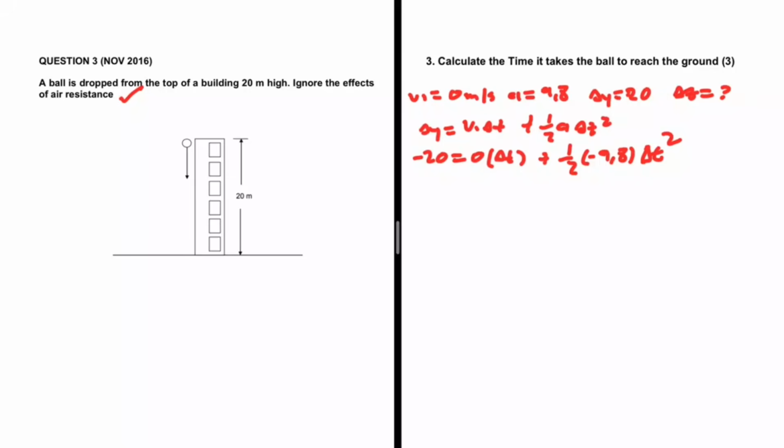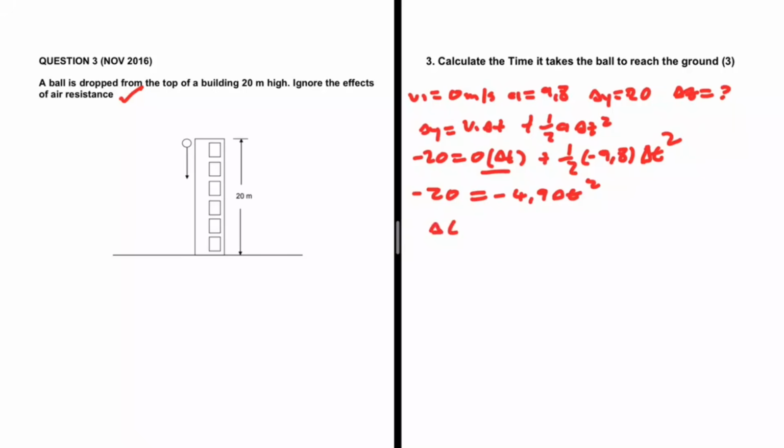It is really helpful. So minus 20, 0 multiplied by the change in time, that's 0. And then a half multiplied by minus 9.8, that is minus 4.9 delta t squared. So what are we doing? We're dividing both sides by minus 4.9.